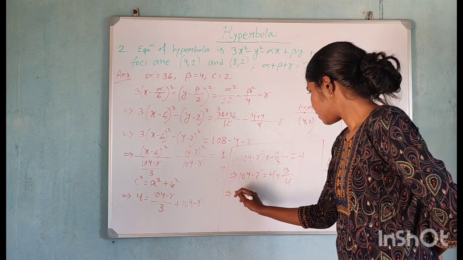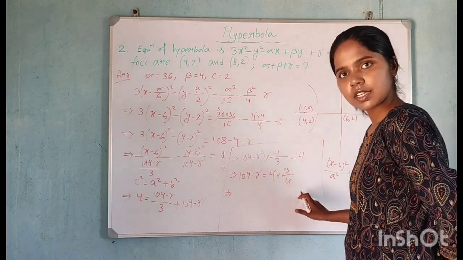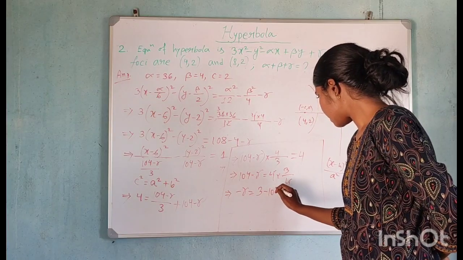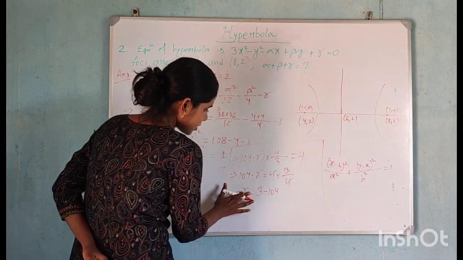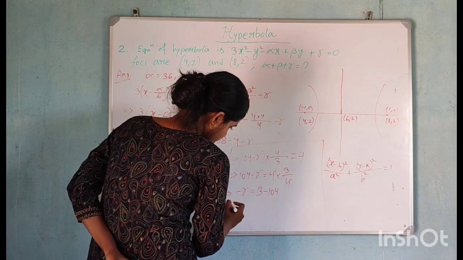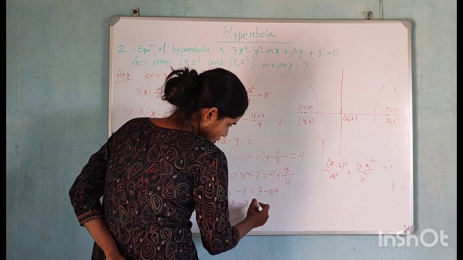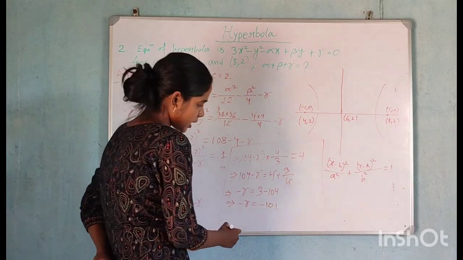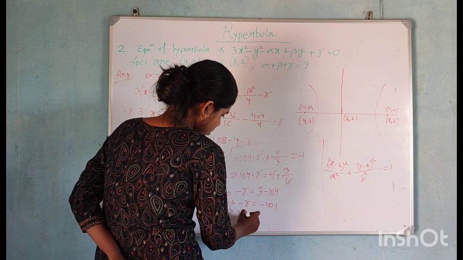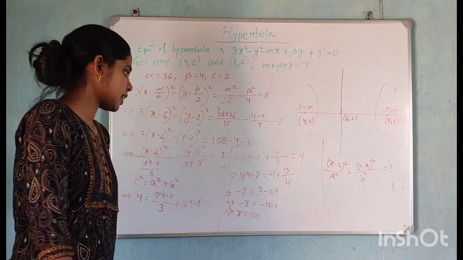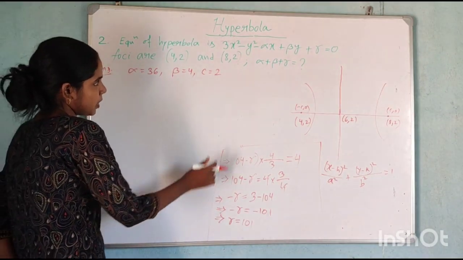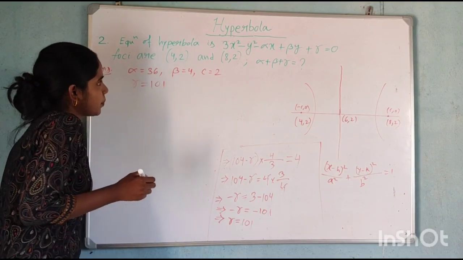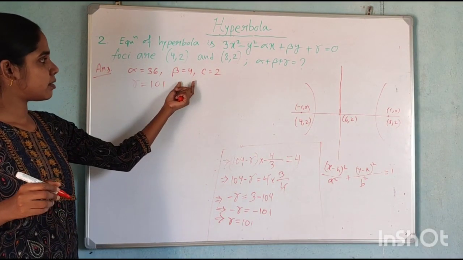Now we take 104 to this side, so it is 3 minus 104. So minus gamma equal to minus 101. We can cancel minus from both sides. So gamma equal to 101. Right? So we have derived gamma equal to 101.